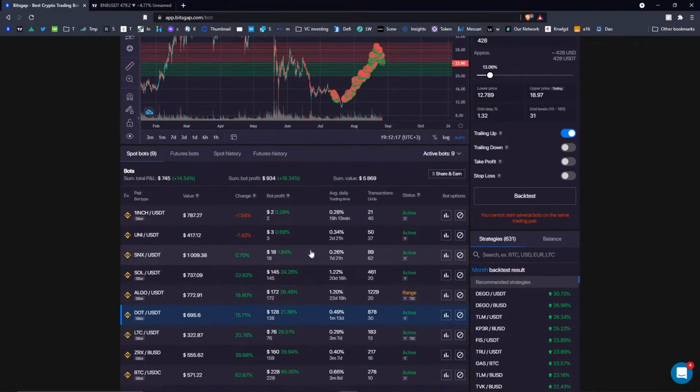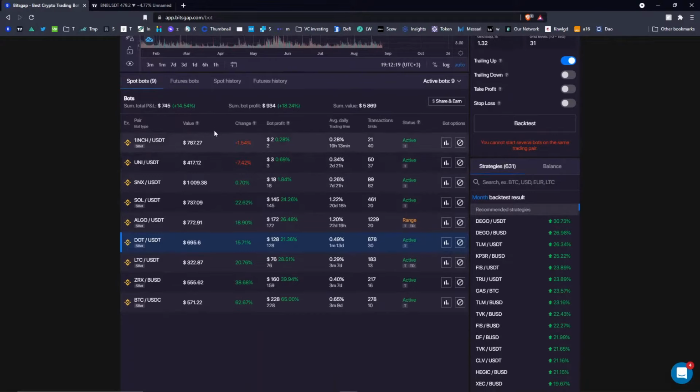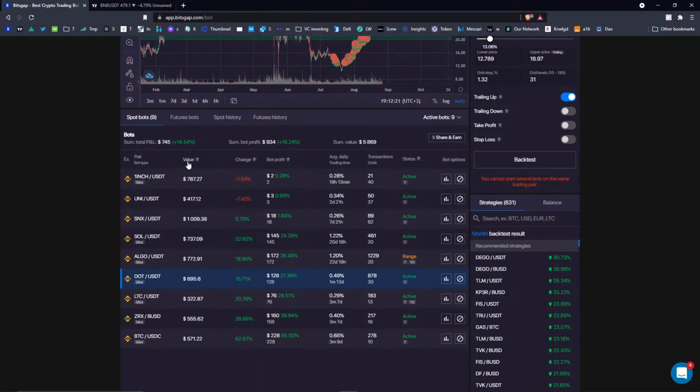Okay, so as you can see now, you have this volume column, which is a fluctuating parameter, because before that you could only see the initial investment in each strategy, but right now it shows me the value of this whole position.